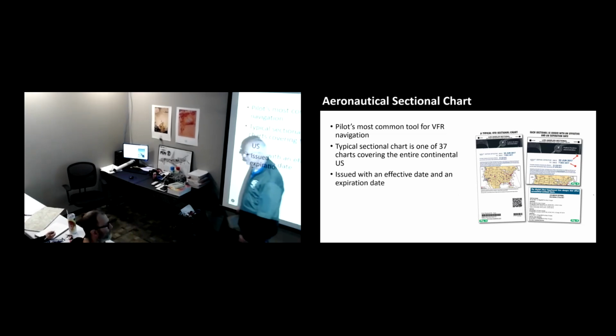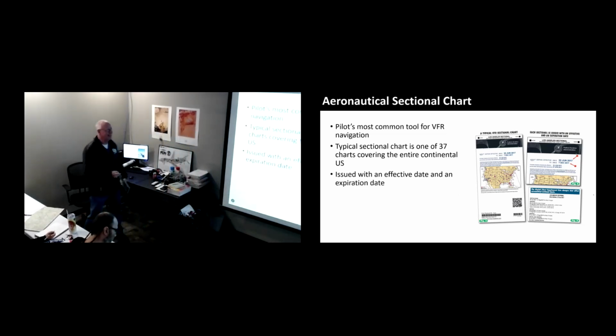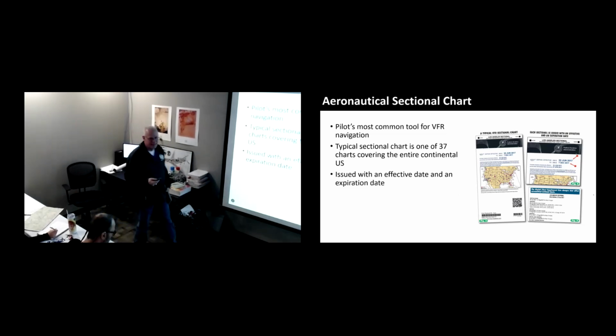I don't know where that picture came from, but they are not 6 months. They're 56 days. What's that? I know it is. You would think 60 days. 50 days. About 56. 56. But they do have an effective date and an expiration date.